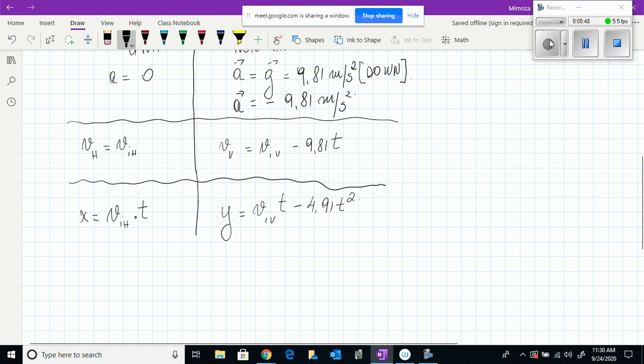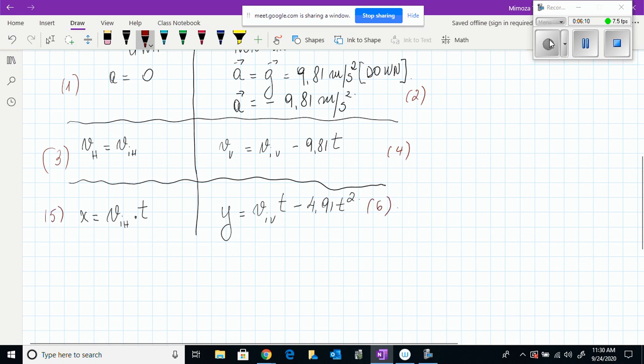So with this discussion that we have in terms of projectile motion, we have created 6 equations: 1, 2, 3, 4, 5, and 6.